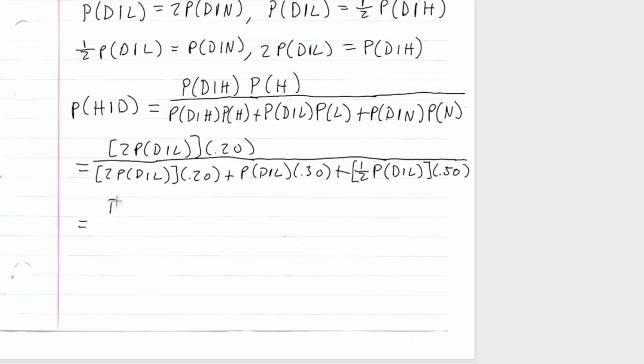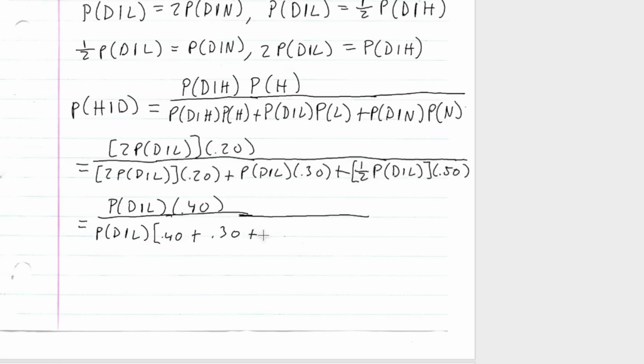So I can rewrite this as the probability of D given L times, what I have left: 2 times 0.2 is 0.40, plus 0.30, plus half of 0.50, which is 0.25.